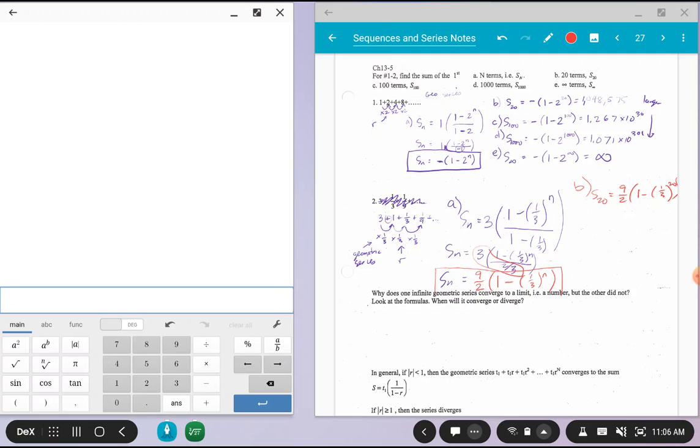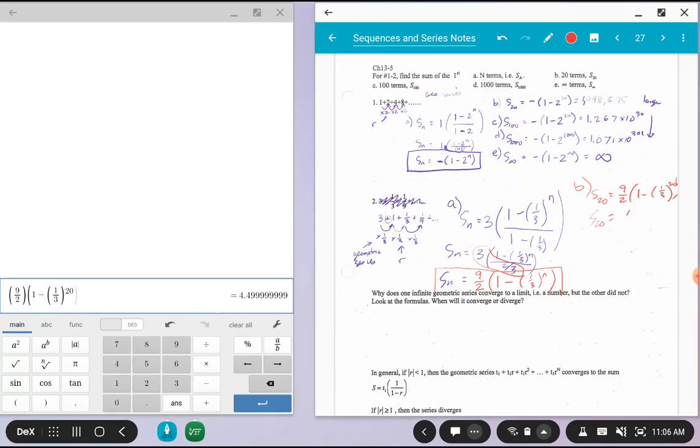So we have 9 divided by 2. And then we are going to multiply that by 1 minus 1 divided by 3. And that is taken to the power of 20. Okay, and we get a value, S sub 20 is equal to 4.49999, like that.